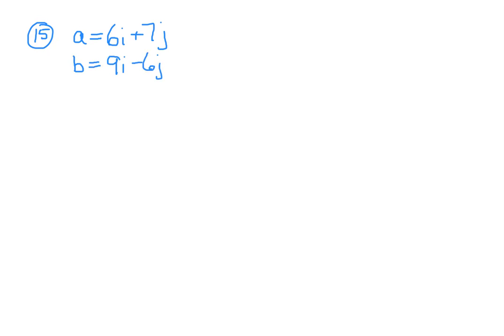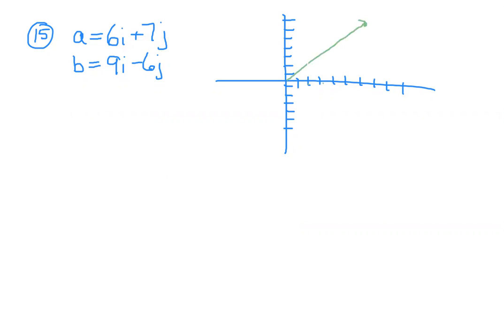So if we go ahead and graph these so we can see what makes sense, we go 1, 2, 3, 4, 5, 6, 7. So there's A, and we would go 9, -6, and there's B. So that's the kind of angle that we're looking for right there.